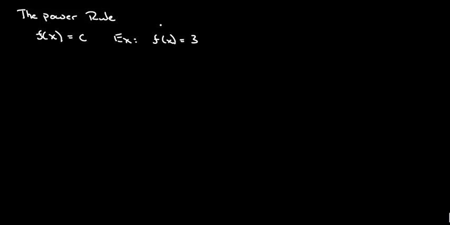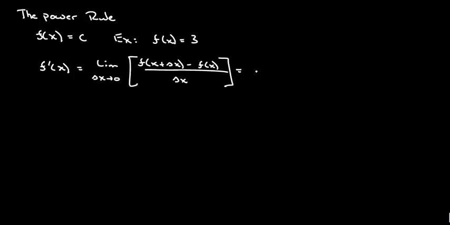Now if we use the formula for f prime, what is f prime of x when f of x is equal to c? Well, that's still the limit as delta x goes to 0 of f of x plus delta x minus f of x over delta x.